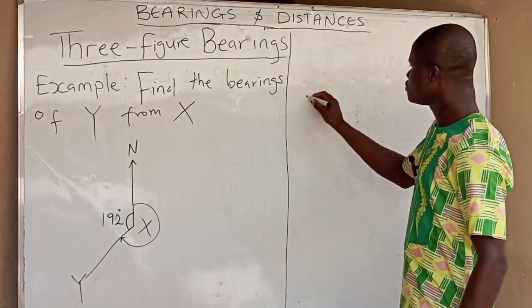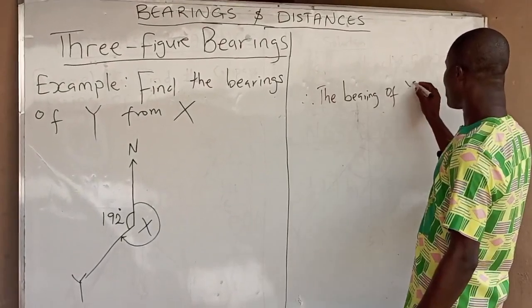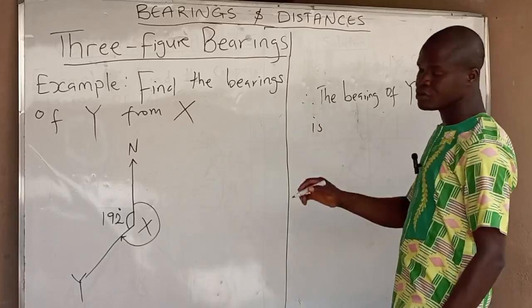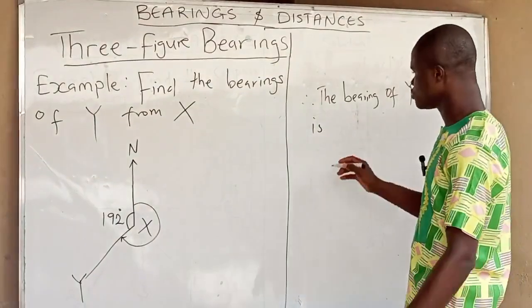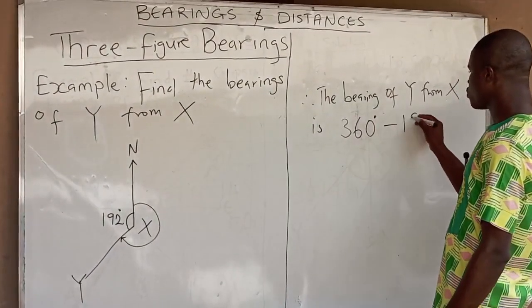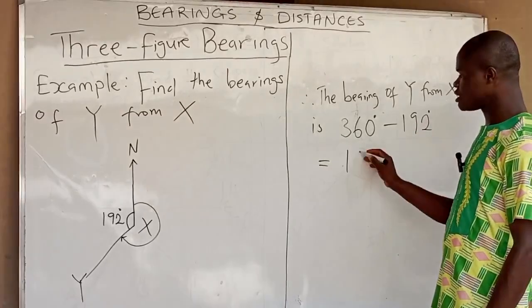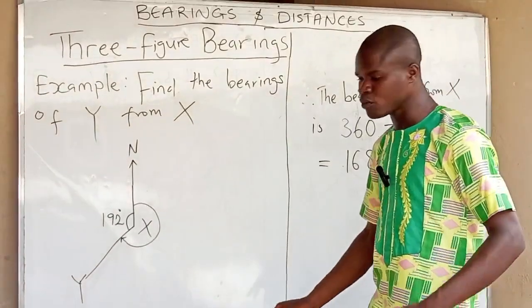So therefore the bearing of y from x is going to be 360 degrees minus 192 degrees. So this will give us 168 degrees.